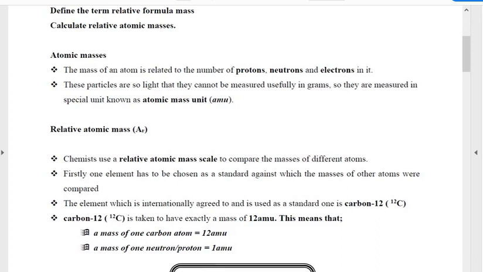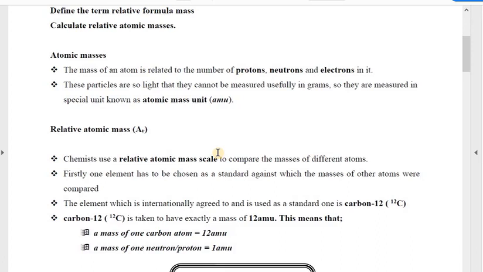And we say that these mass numbers come about as an addition of the mass of the protons and neutrons, which are found in the nucleus of the respective atoms. But what's important to note is that these particles are extremely small.